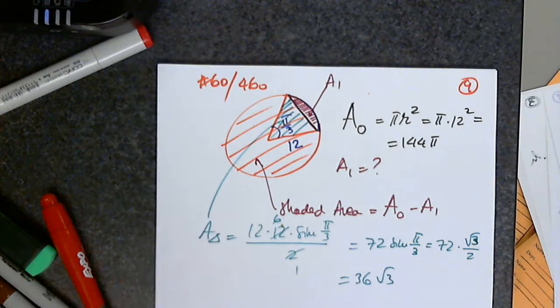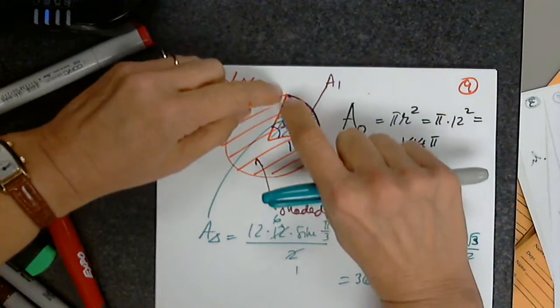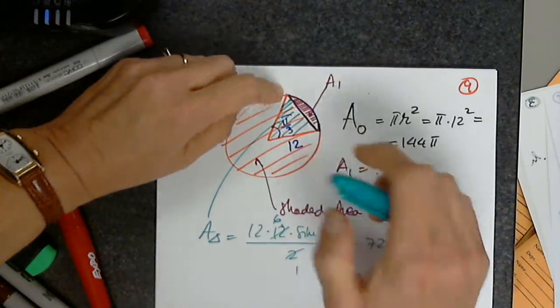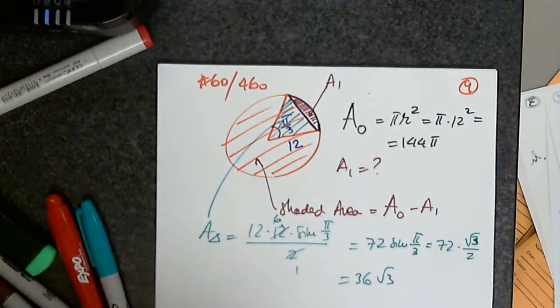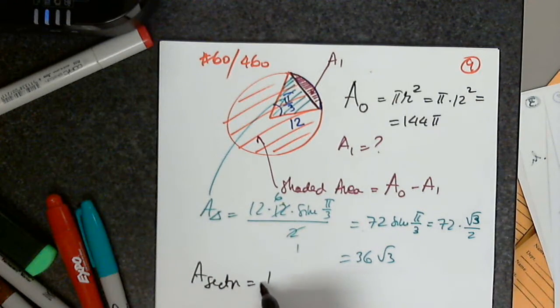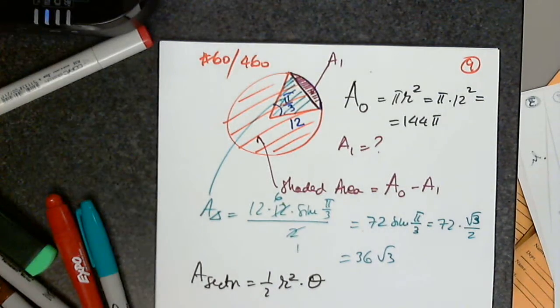I can also now determine the area of the sector. So what is the area of the sector? It's 1/2 radius squared times the angle theta in radians.